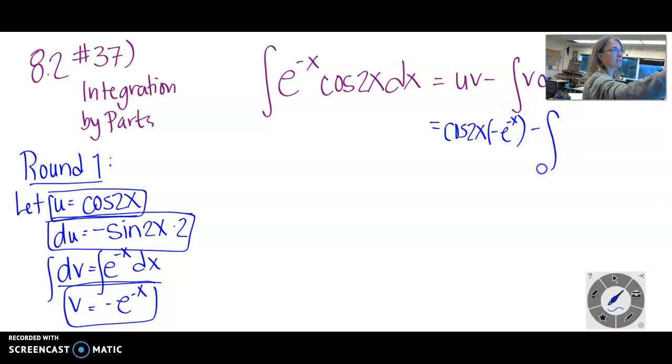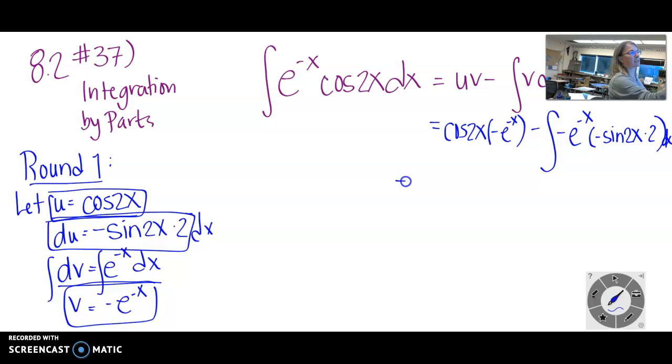Then minus the integral of v, which is negative e to the negative x, and then du, which is this negative sine of 2x times 2. This should have a dx at the end of it. Dx. Can barely fit that in there.